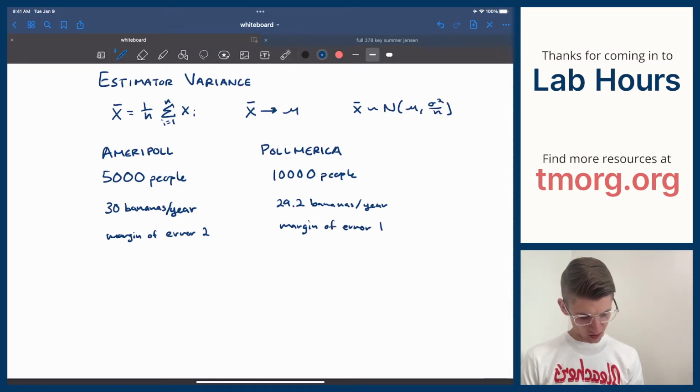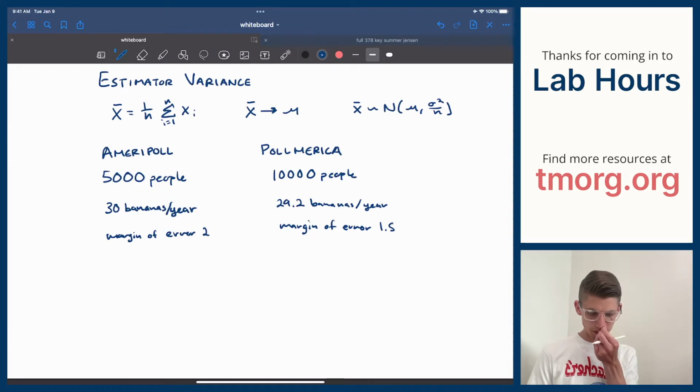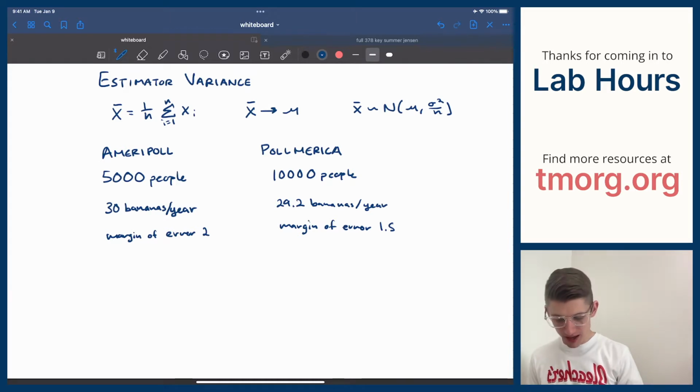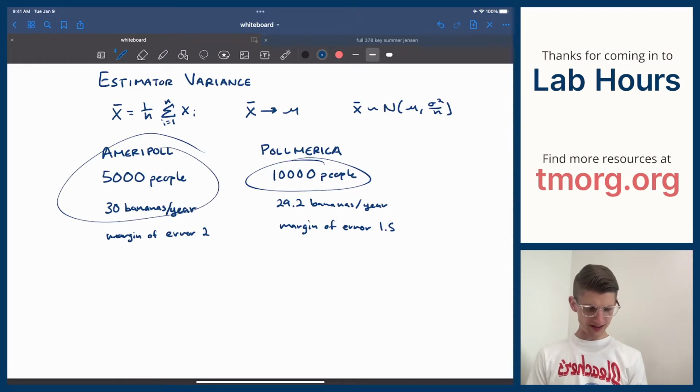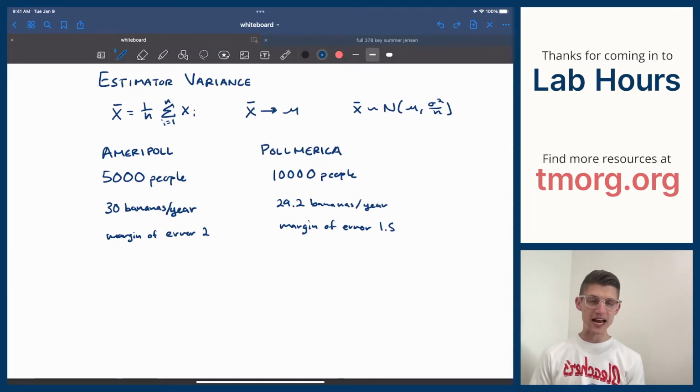Let's say this one is 1.5, okay? The question comes up, who are we supposed to believe? Do we believe Ameripoll, that we average 30 bananas a year, or do we average 29.2 bananas a year like Pollmerica says? I mean, Pollmerica surveyed more people than Ameripoll. Does that automatically make their number better? The answer is potentially yes and potentially no.